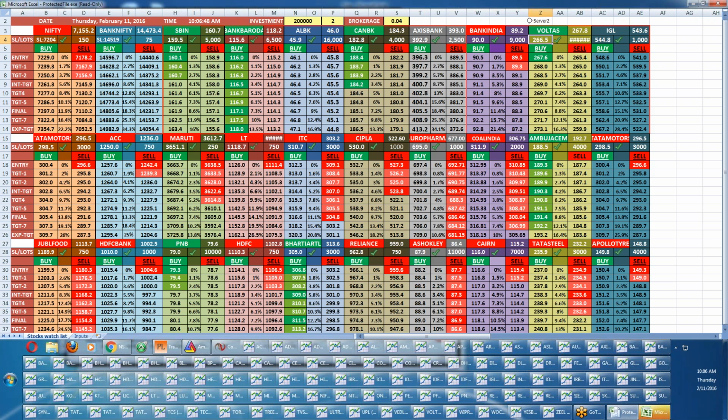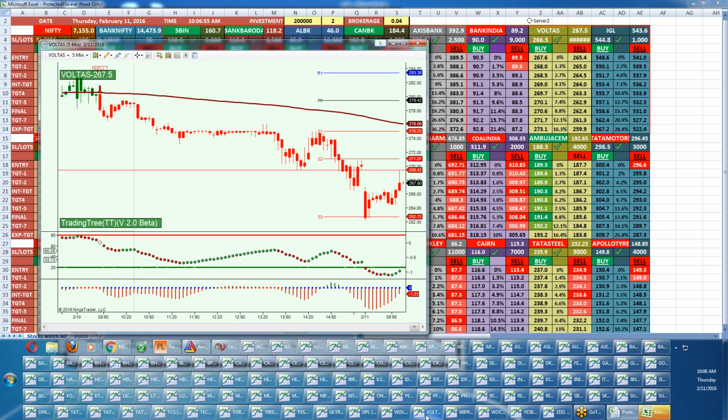So we have an entry for Voltas, 267.60. So I just checked this chart and then added it there.